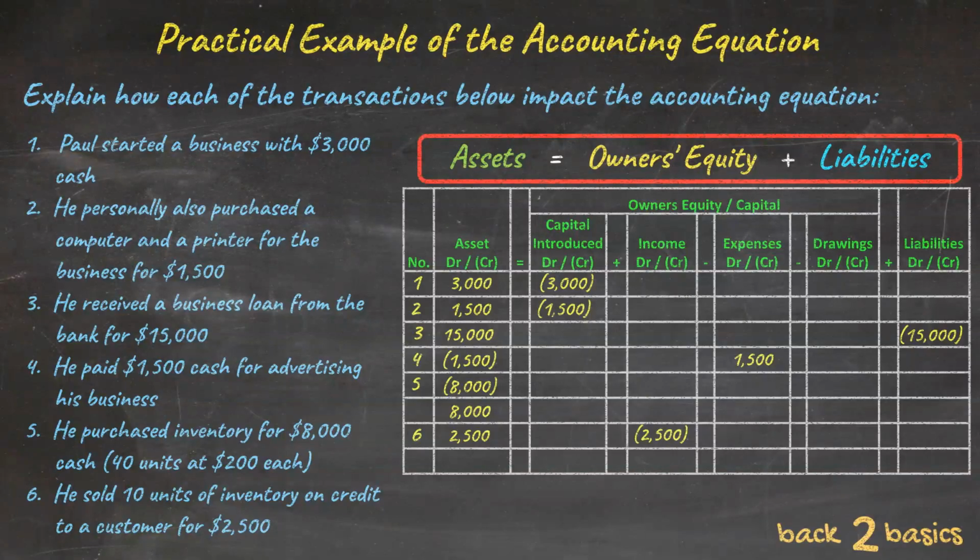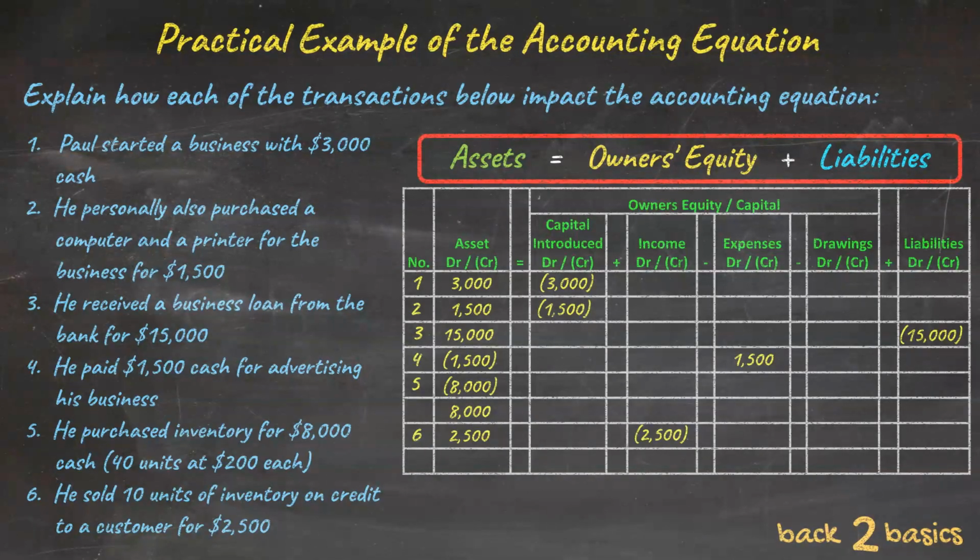So we know from point number 5 that a unit costs $200. And the cost of the units sold would then be 10 units at $200 each. The cost price of a unit, not the selling price, the cost price. So 10 multiplied by 200 each is $2,000. So in this case, the cost of the inventory sold is $2,000.